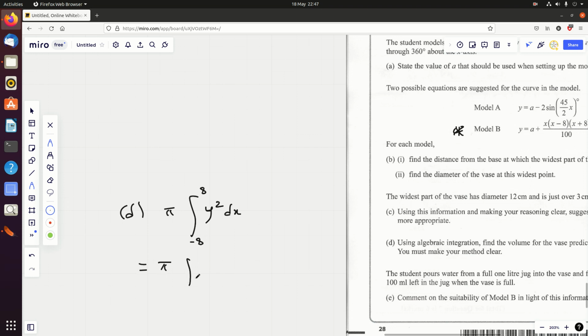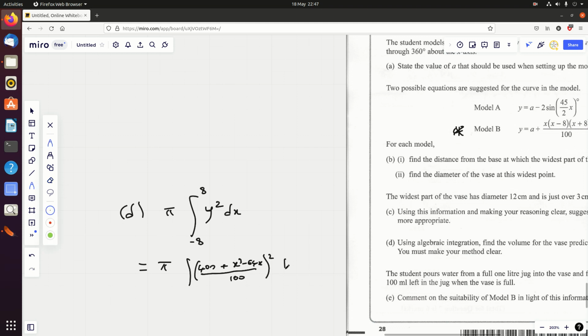So you get pi times, first thing I did was I made this 400 plus x cubed minus 64x over 100. So I put the 4 in the fraction, if you see what I mean. I think that should be over 100. Just rub that out.